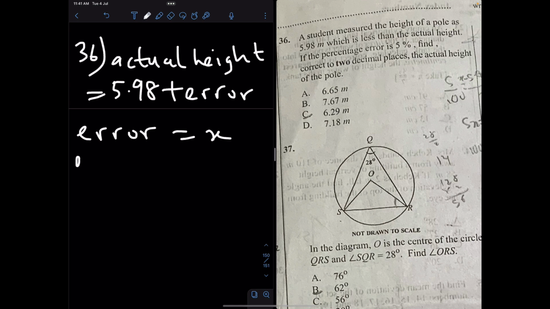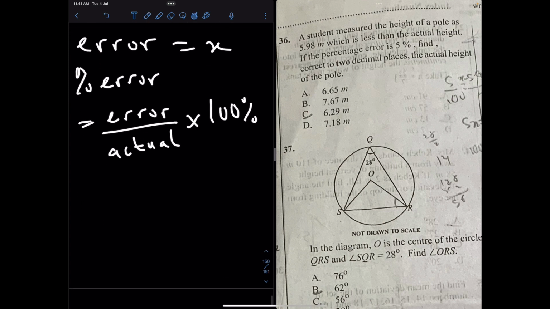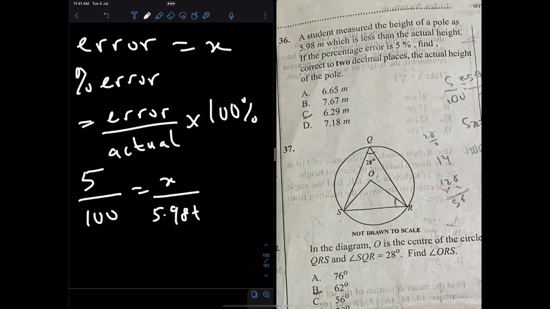So we know that percentage error is given by the formula error over actual value times 100%. Here they already gave us a percentage error, and it is 5%. That means 5 over 100 equals error, which is x, over actual height, 5.98 plus x.